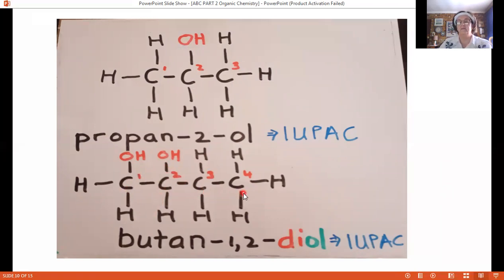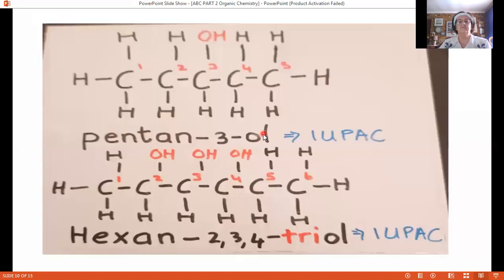So it's but, being 4 carbons, and your locations are at the first carbon and at the second carbon, and being 2 OHs, or 2 hydroxides, it is diol. So it's butan-1,2-diol.